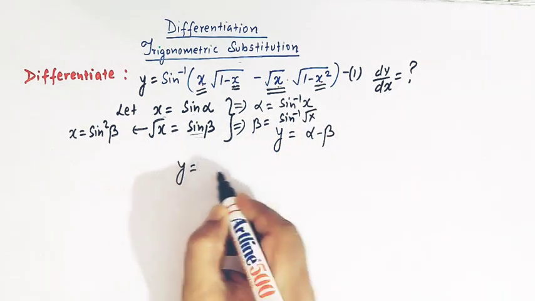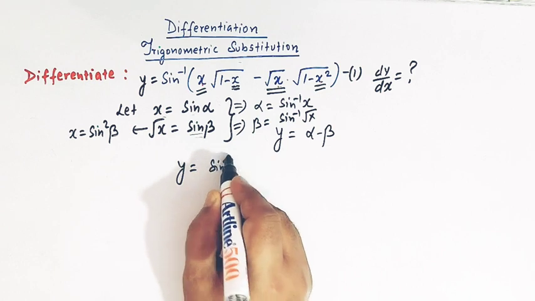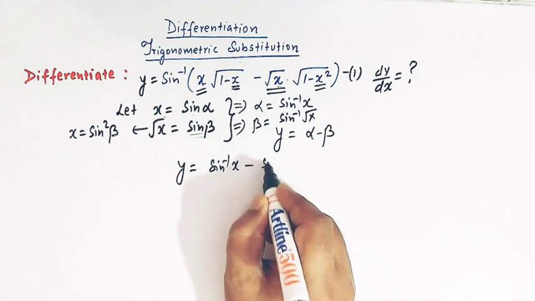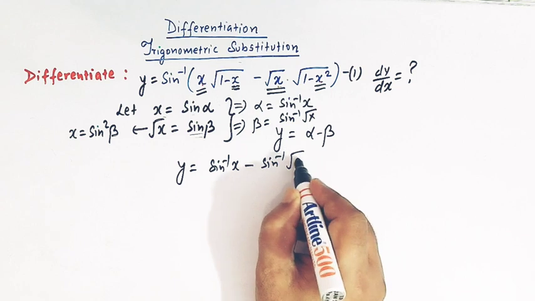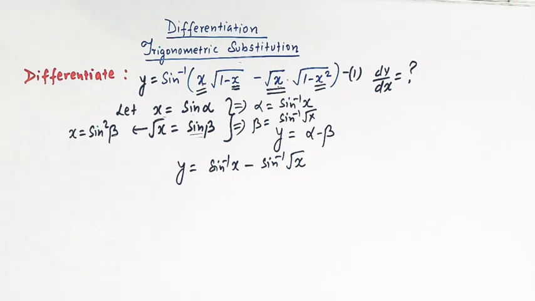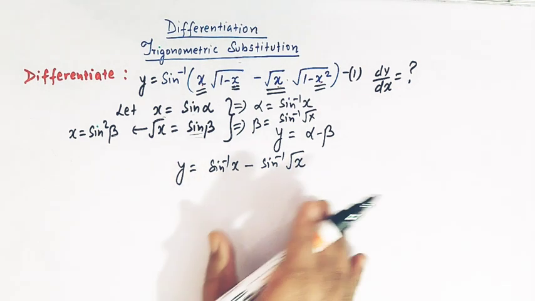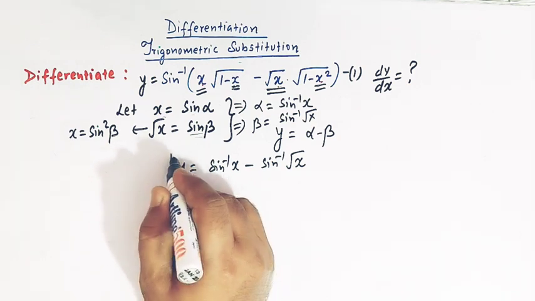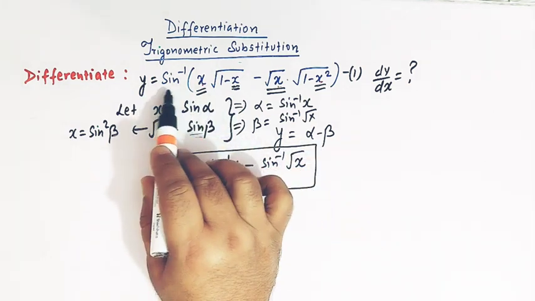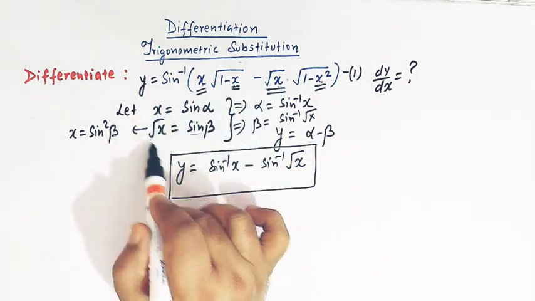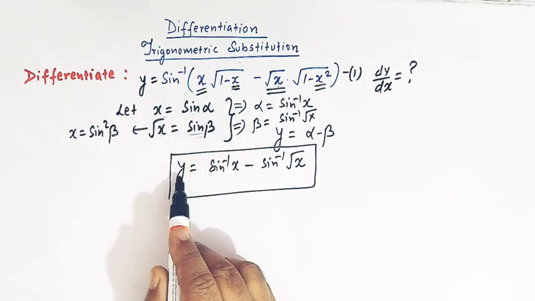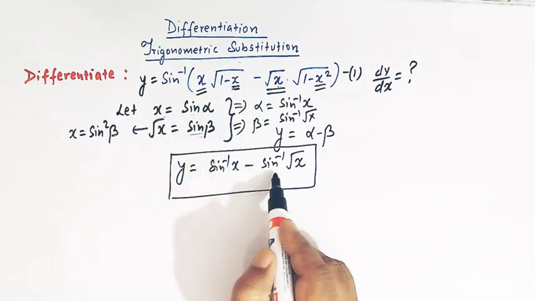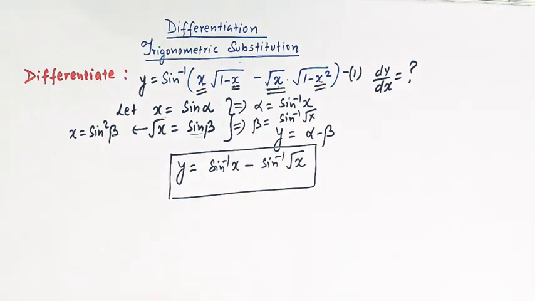So now y is sine inverse x minus sine inverse of square root of x. So the simplified form of the given function, by making this substitution, we have y is equal to sine inverse x minus sine inverse square root of x, right?